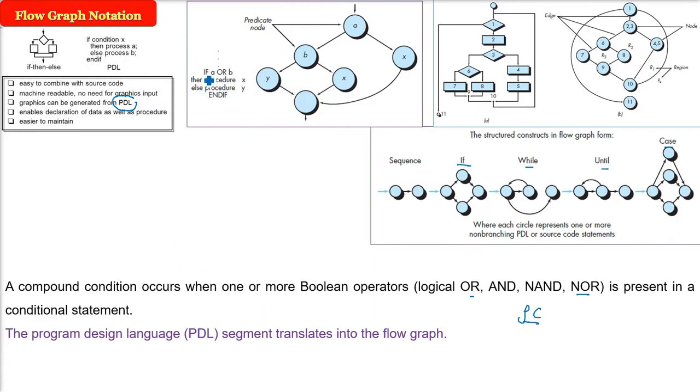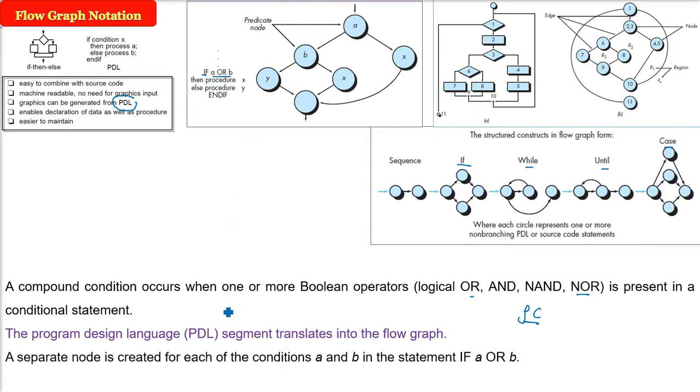See, this is if A or B. So a separate node is created for each of the conditions A and B in this statement if A or B. So this is a simple if condition, but inside this we have A or B. And A or B will give you result always true until A and B are false.